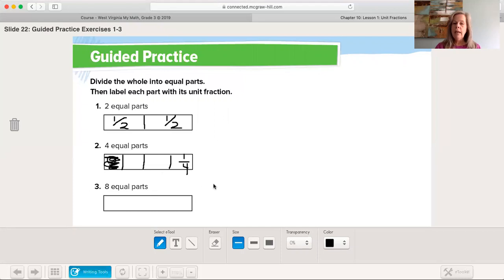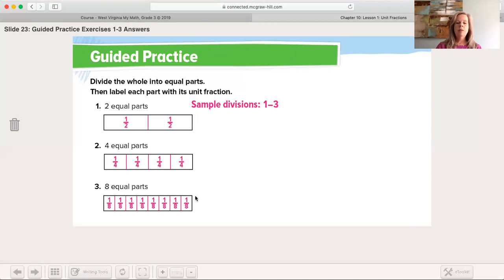Now we're going to divide it into 8, just like we did with the bread. Cut it in half, cut it in 4s, and then divide the 4s, and that will give you 8. And then we see 8 equal parts, the unit fraction is 1/8.